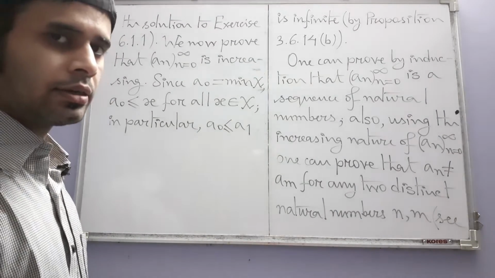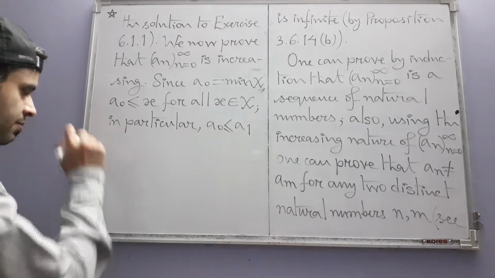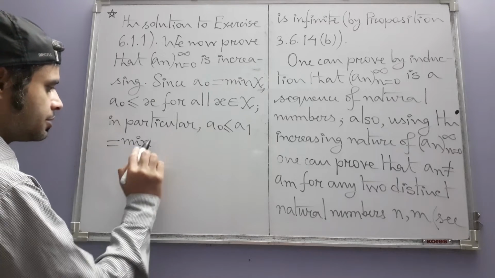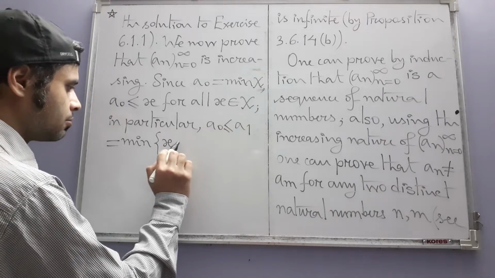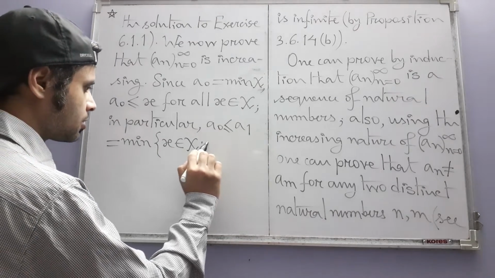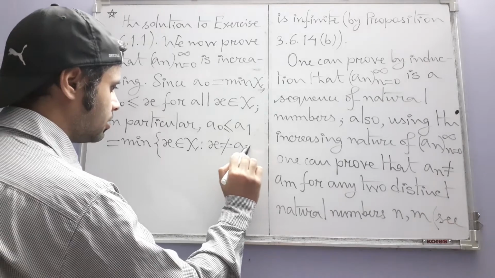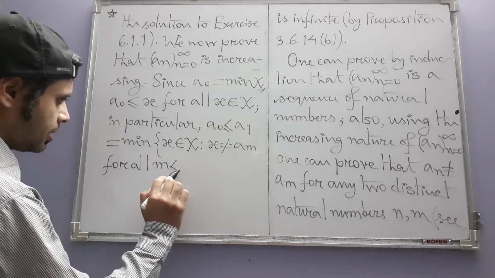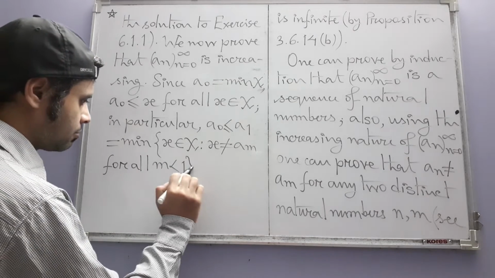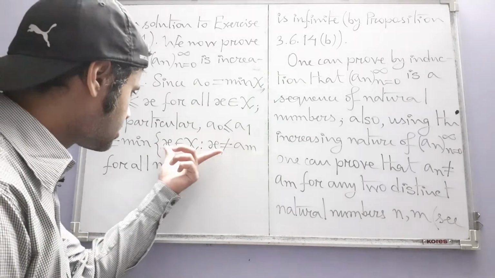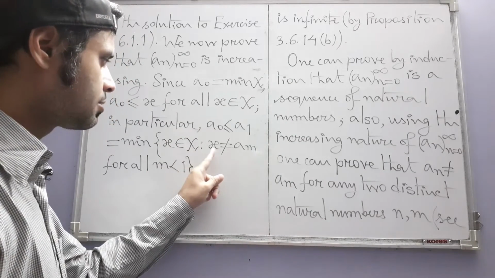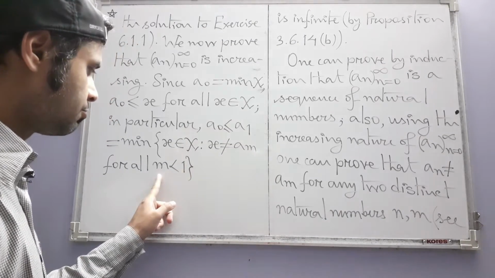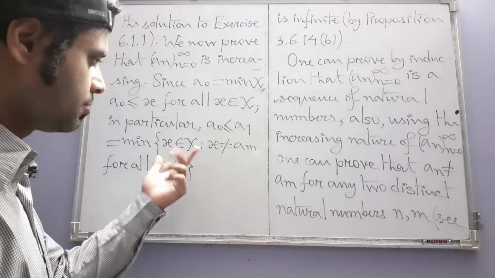Is a1 really an element of x? Let us see. What is a1 actually by definition? It is the minimum of this set such that x is not equal to am for all m less than 1. So that means this set is the set of all elements in x that are not equal to a naught, because for m we have only one choice, 0.